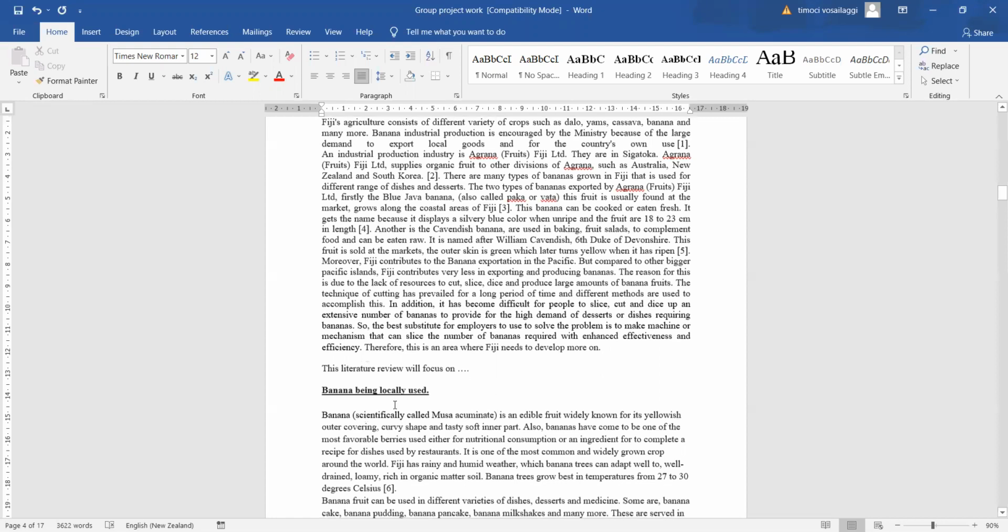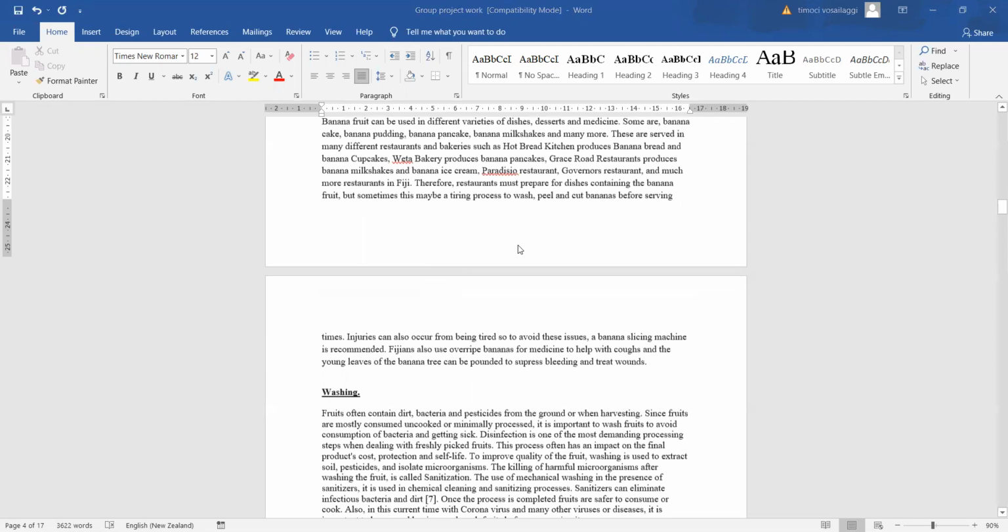We'll focus on the use of bananas in Fiji, the processes that have to be undertaken when processing bananas. So once you've done your introduction to your background research, you then summarize it, just 1 or 2 sentences before you actually jump into the bulk of your background research, just so that the reader knows what they're to expect for the next section of your report.